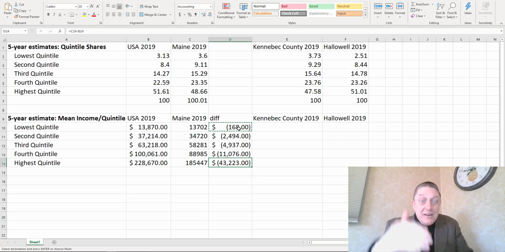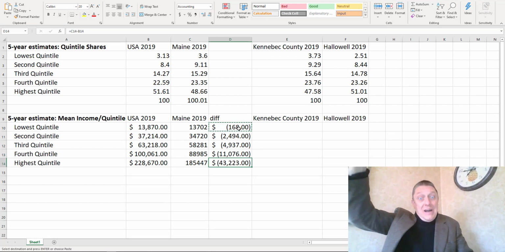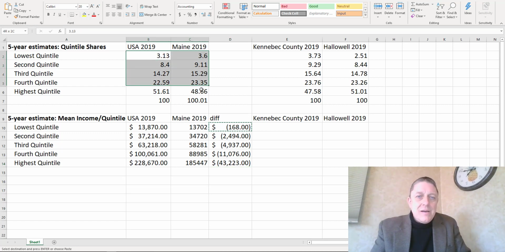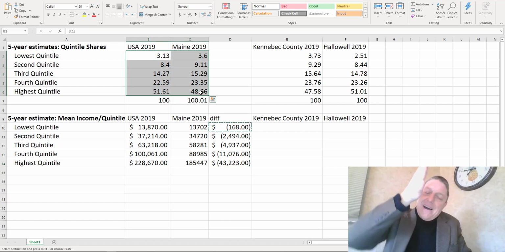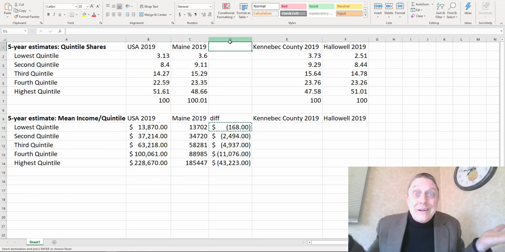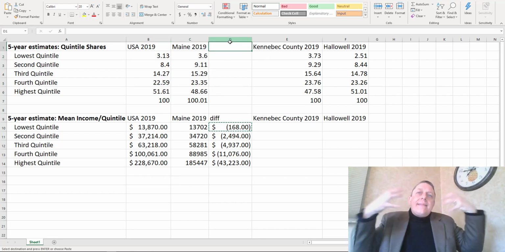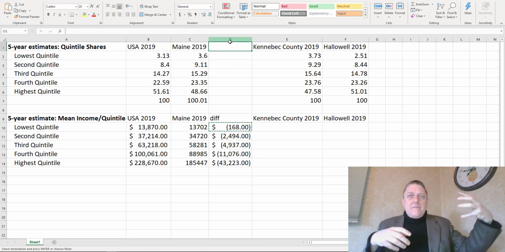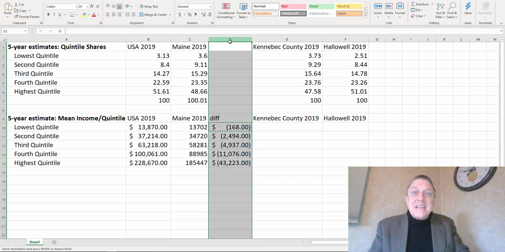The differences get bigger as you get higher up along the income scale, which is why there is here more income equality in Maine than in the United States. Pretty cool, huh? To be able to say things like that accurately on the basis of just 5 pieces of data for each place. But let's continue.